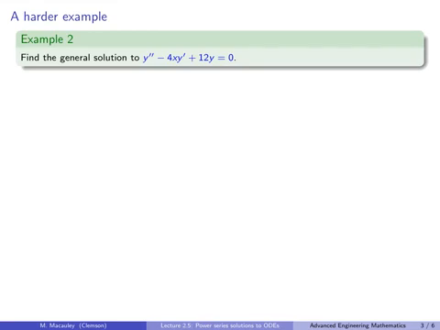Find the general solution to y double prime minus 4x y prime plus 12y equals 0. Now the thing to notice here is, let me ask you, does y of x equals x to the r work? Well, let's see. If we plug that into this last term, we get 12 times x to the r.